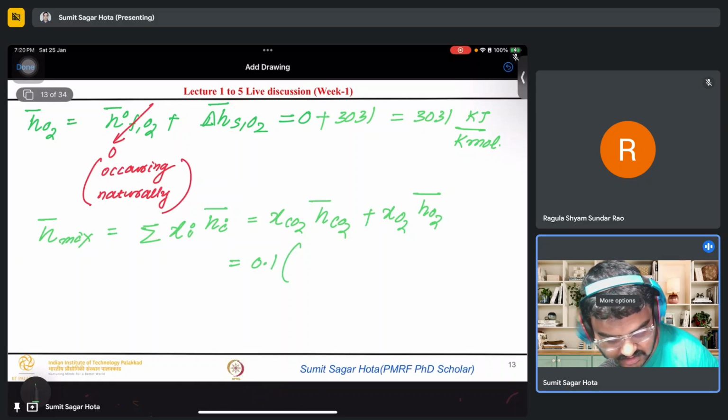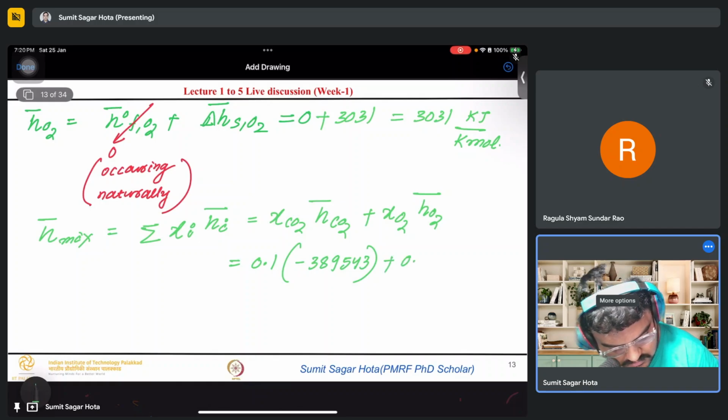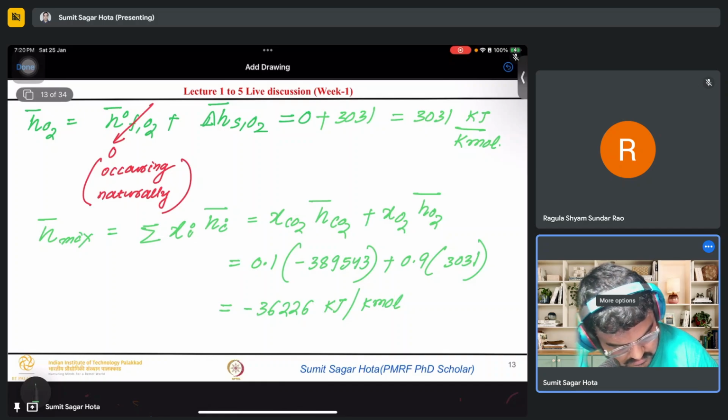Just now substitute all these values. So this is your answer.